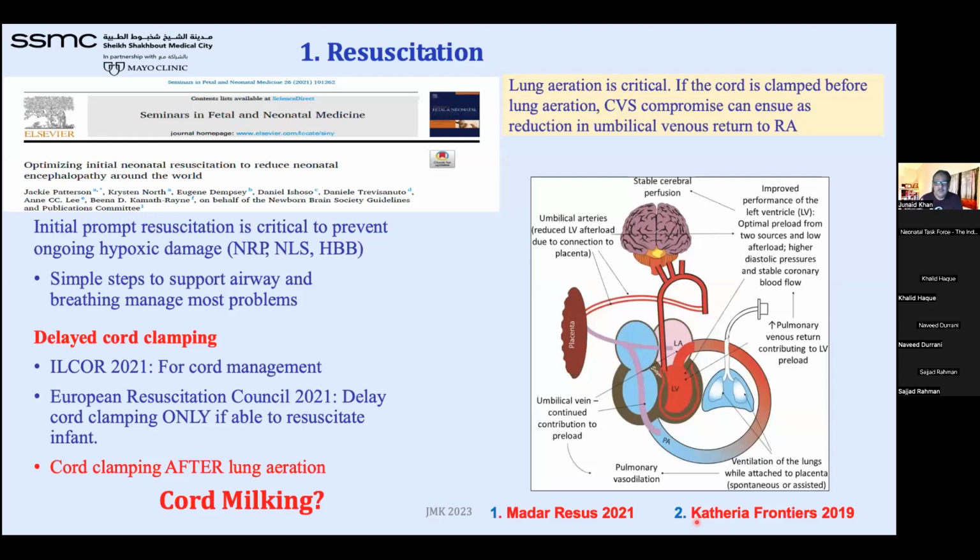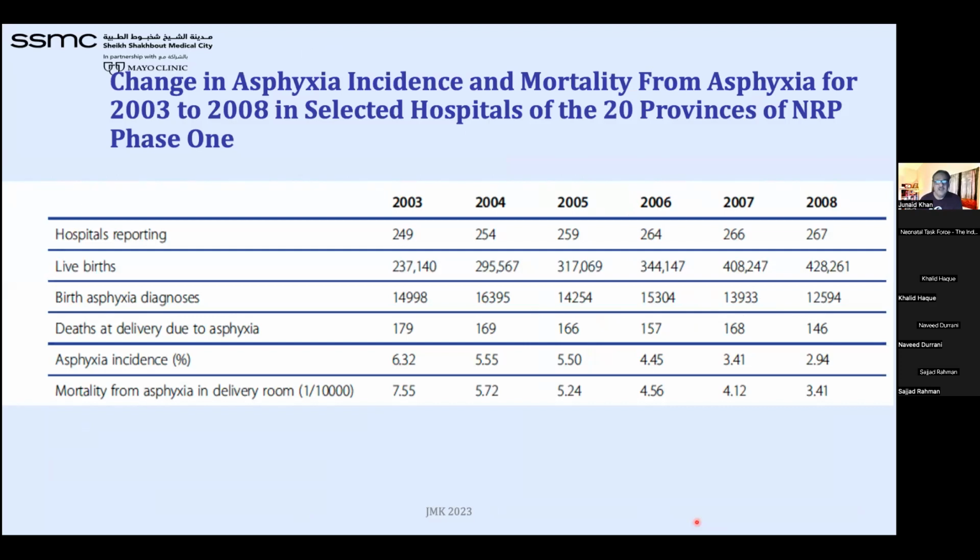The importance of neonatal resuscitation skills. This is before the cooling era in a Chinese hospital. Just focus on the last two things: asphyxia incidence and the mortality from asphyxia in the delivery room. The mortality decreased from 7.5 to 3.41, only by doing the correct NRP resuscitation.